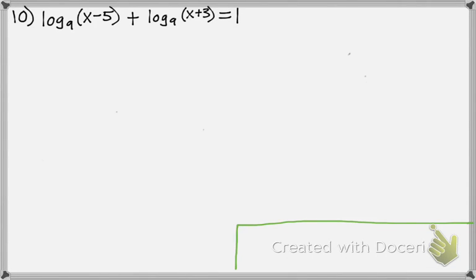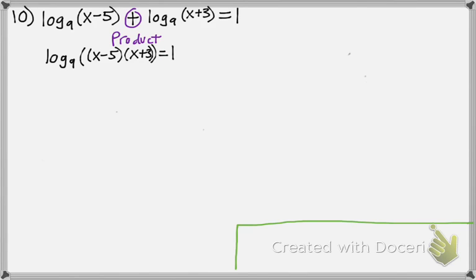Number 10, we have two logarithms that are being added together. So this is definitely going to be the product rule. So I want to combine these. So this is log base 9 of (x minus 5) times (x plus 3) is equal to 1.